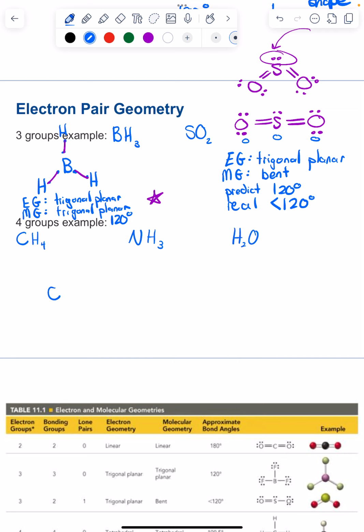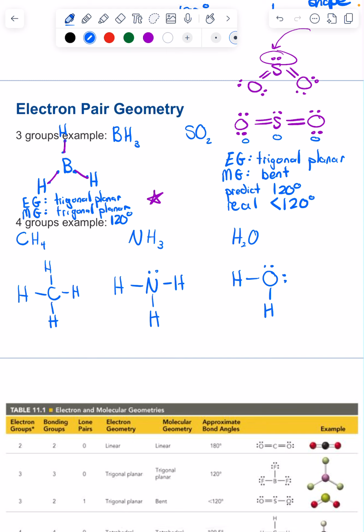Now, if you want to go ahead for Lewis structure practice, pause and draw the Lewis structures, that is a great idea. This is what you should get, though, for each of the Lewis structures.